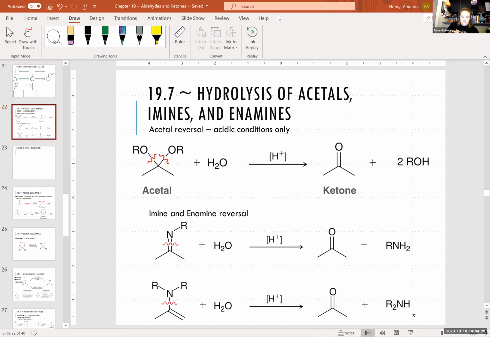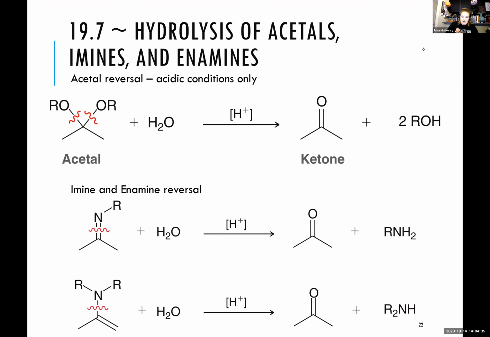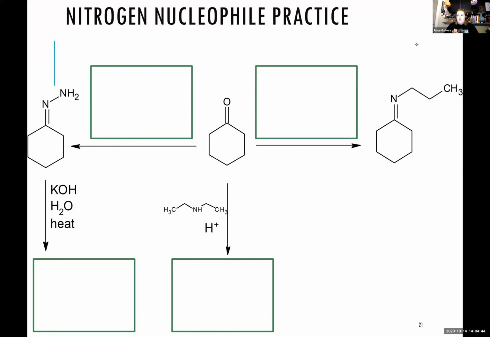So we are going to finish up chapter 19 today. There we go. Let me make my little video smaller. Okay. So we ended with this slide on Monday, and we had talked about a lot of different oxygen and nitrogen-based nucleophiles.